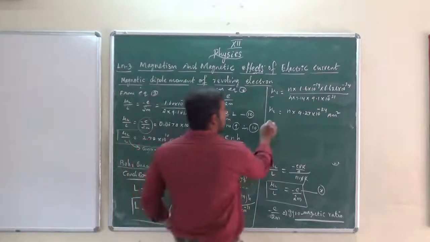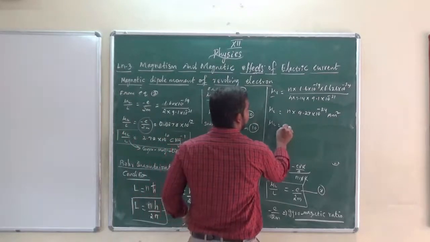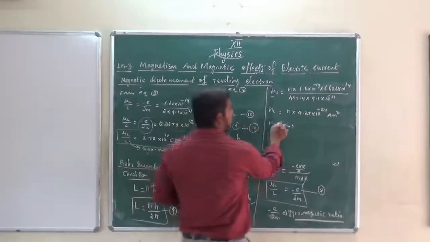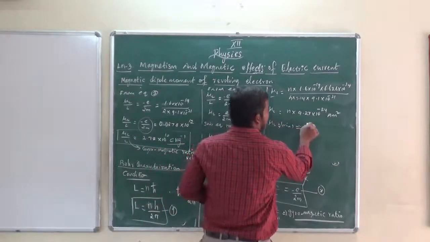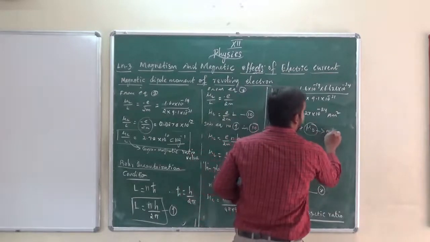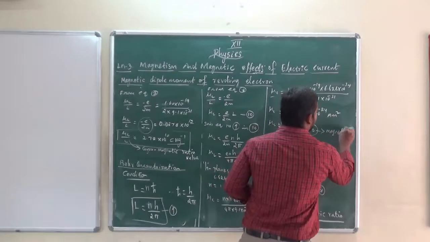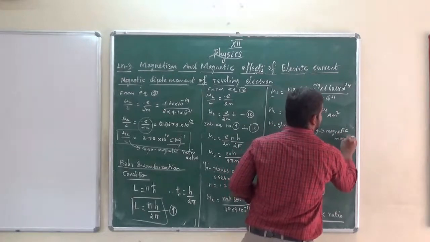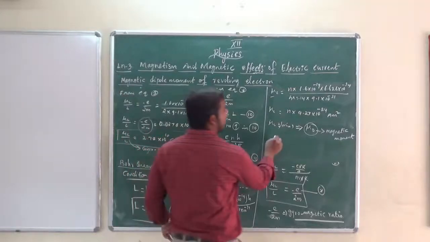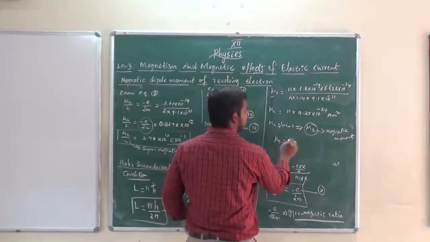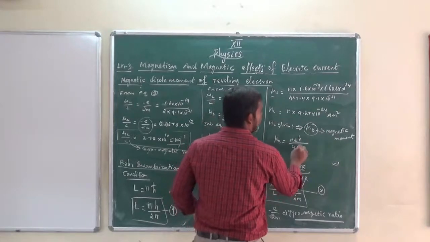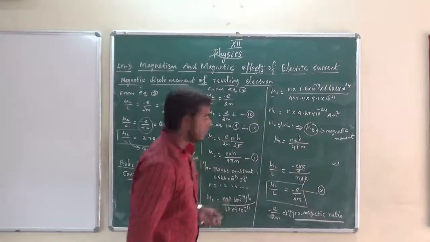So here mu L becomes minimum. What is that? Mu L minimum is represented by the magnetic moment, mu b. That magnetic moment is represented by mu b equal to n e h divided by 4 pi m.